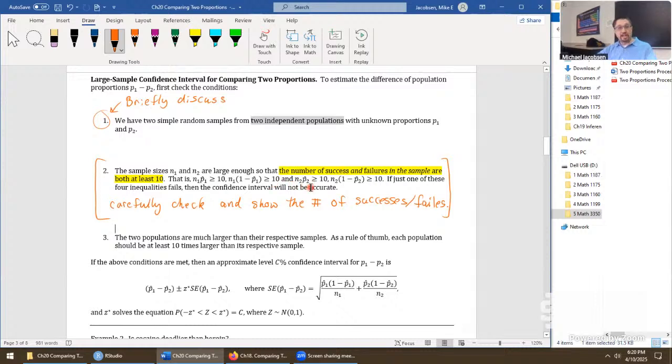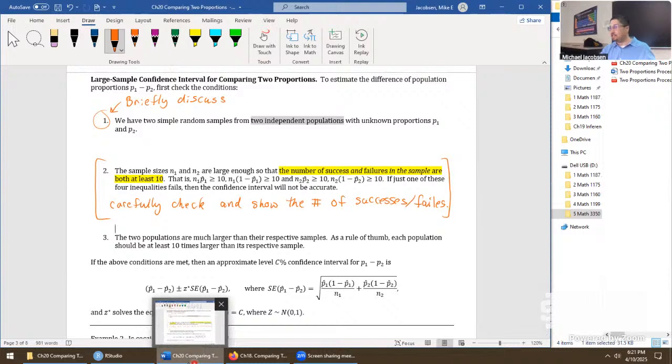As the subscript changes, n2 p hat 2, we're talking about the second sample. 10 successes, 10 failures. So at minimum, we need a sample size of 40, but in reality, it's probably over 100 if either one of these proportions is close to a 0 or close to a 1. In fact, in the last chapter 19, we saw data that was around 150 observations, didn't even meet the conditions at that sample size.